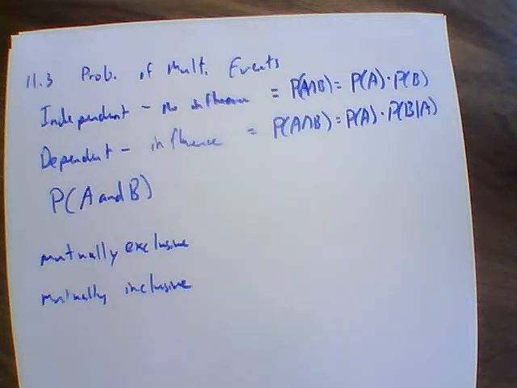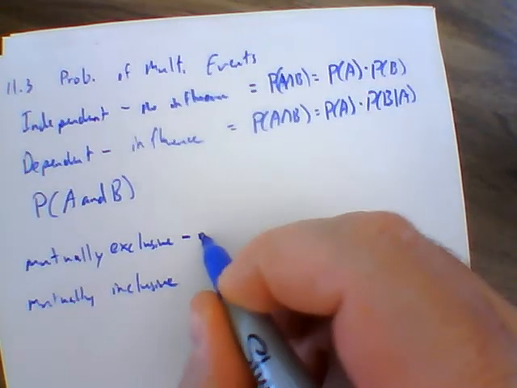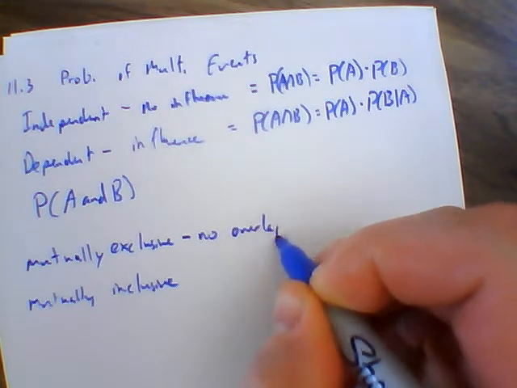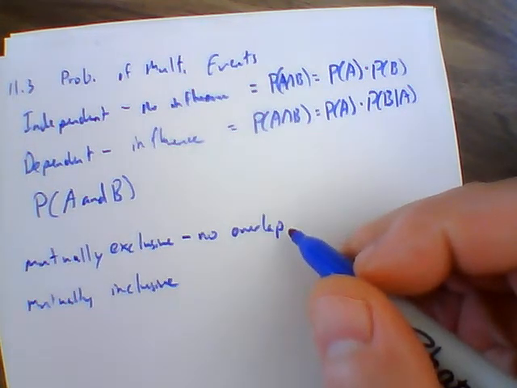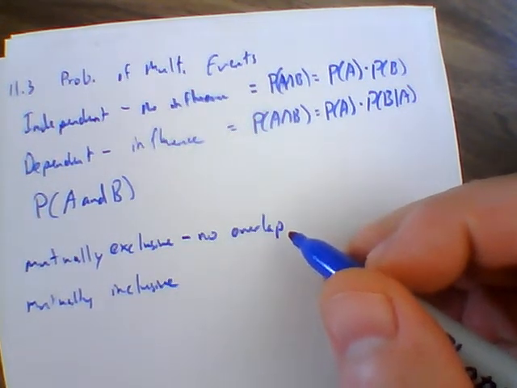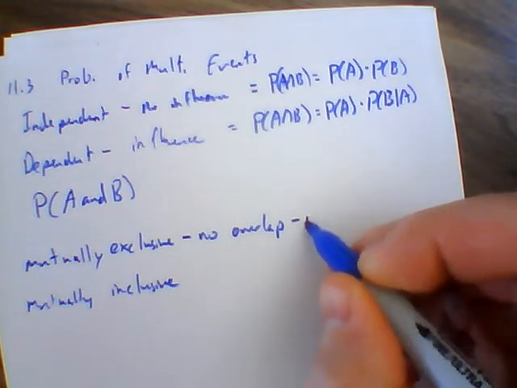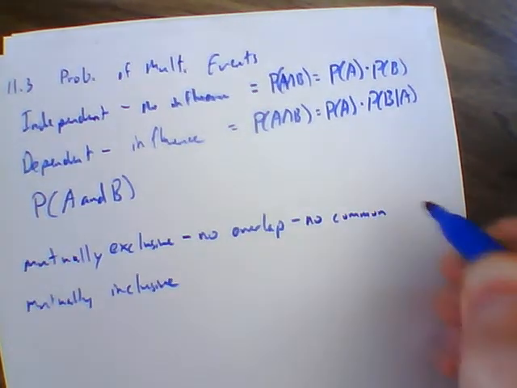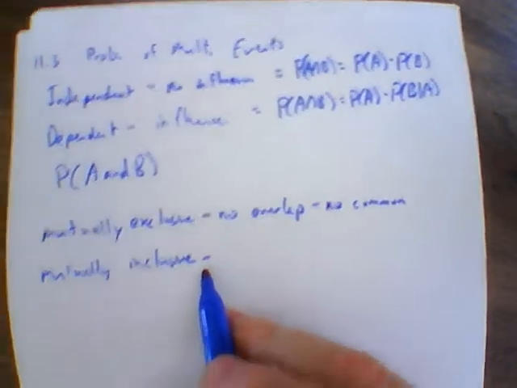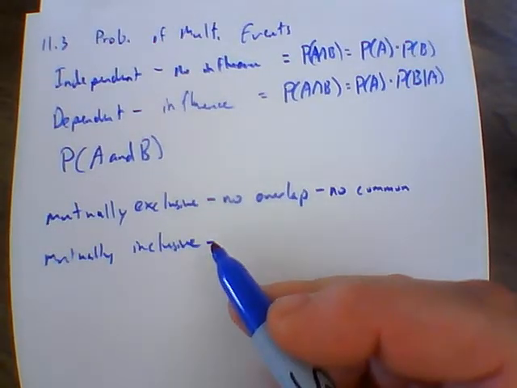Okay, so if I roll a number cube and flip a coin, there's no influence on here. They're exclusive. There's no overlap that could possibly happen in here. Okay, so no overlap. We can't have anything in common.